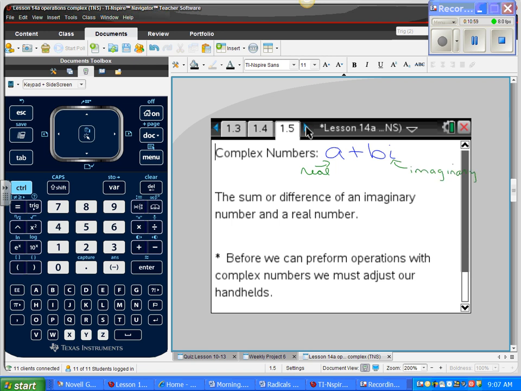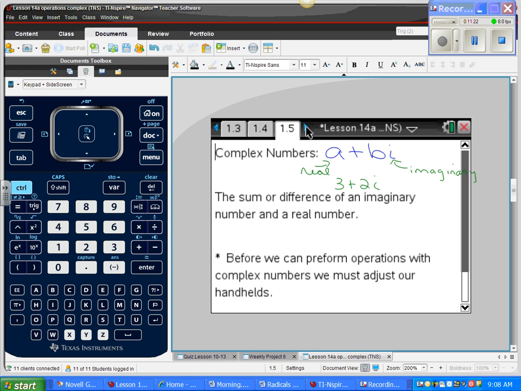So if I had 3 plus 2i, what's my real part? 3. And what's my imaginary? 2i. So it's always written in this form a plus bi, unless they specify otherwise. But 99% of the time, you will see it written as a plus bi.